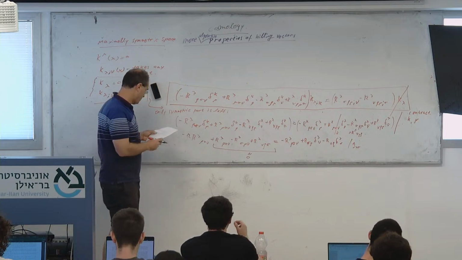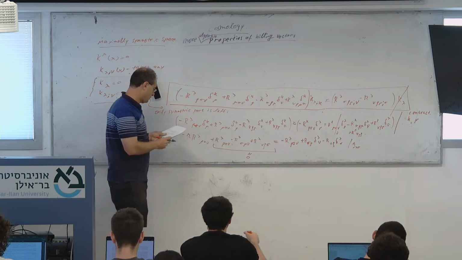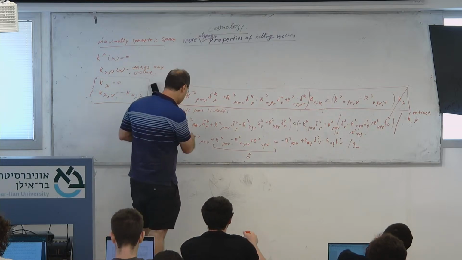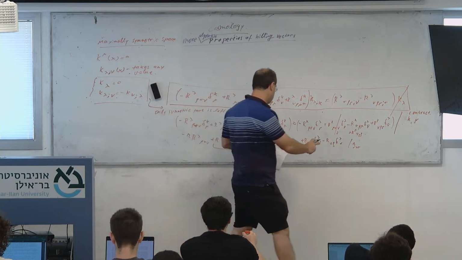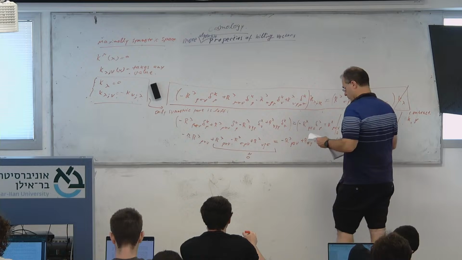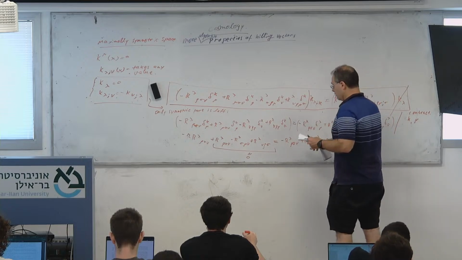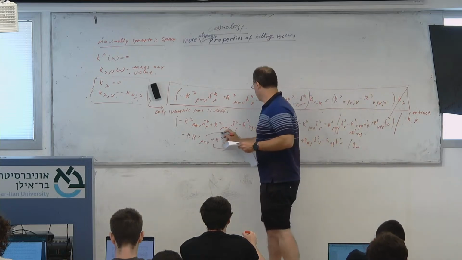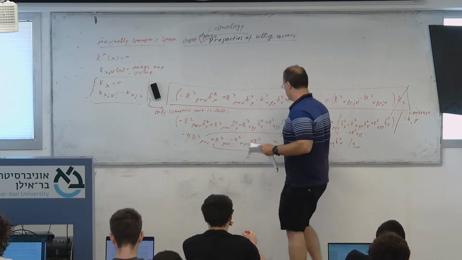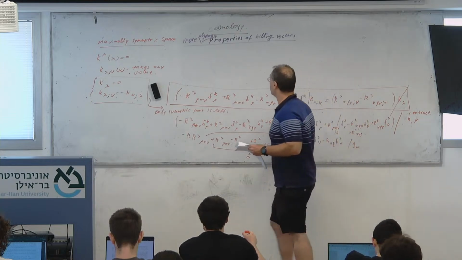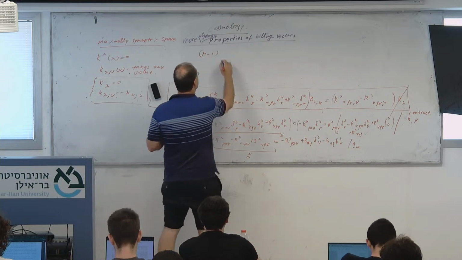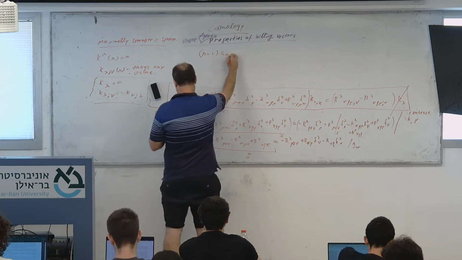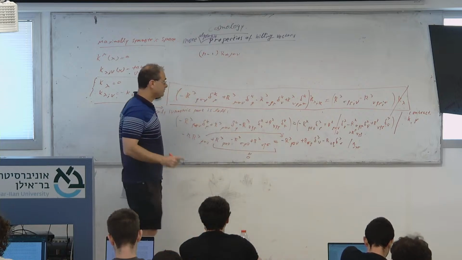Okay, then I did something which is G lambda alpha. So I move that to that side, and I get an n minus 1 R alpha rho sigma mu.